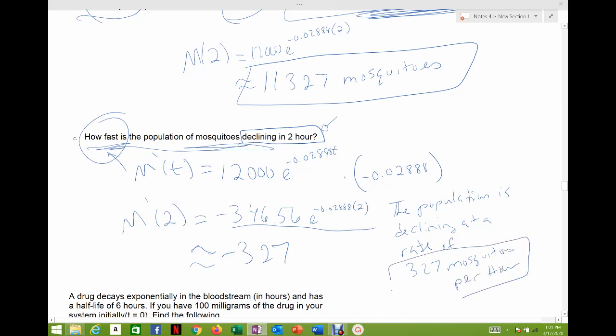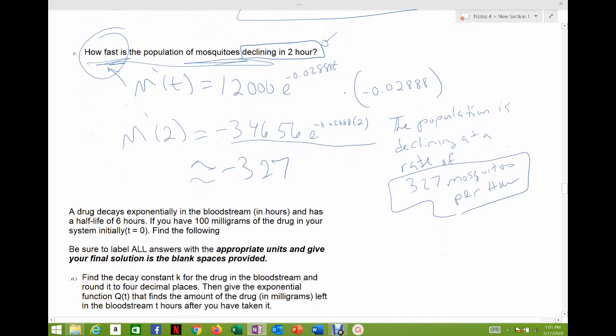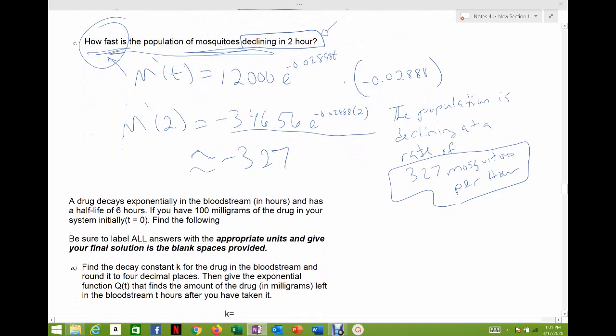Right, per hour. That's how fast they're dying off. So 2 hours after they sprayed the insecticide, the population was declining at a speed of 327 mosquitoes per hour.